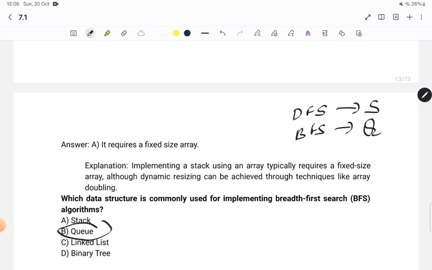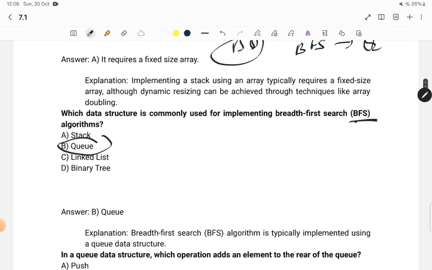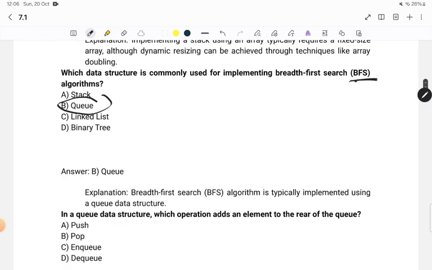Later on, while doing the videos, I'll cover all this topic in detail. For now, you just remember DS and BQ: depth first search stack and breadth first search queue. Next question. In queue data structure, which operation adds an element to the rear end of the queue? So adding an element is always enqueue. Fine. So these are the 40 questions that I solved.